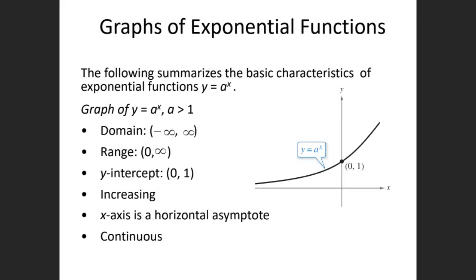It's not labeled here, but at y equals 0, we have a horizontal line that is our asymptote. Usually we label our asymptotes as a dashed line, but again, we can't see it here. And our graph is continuous, which means that there are no breaks, holes, or jumps.